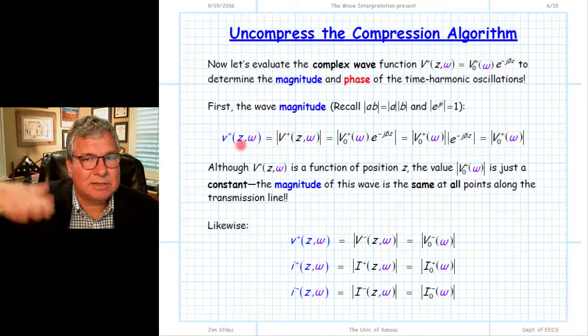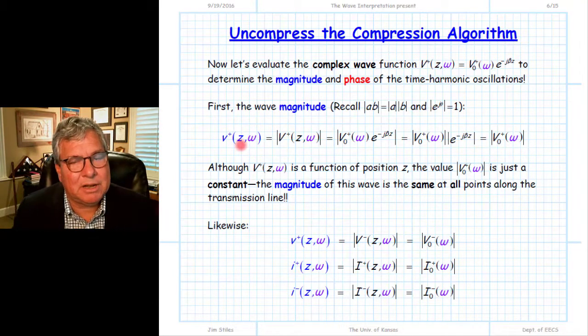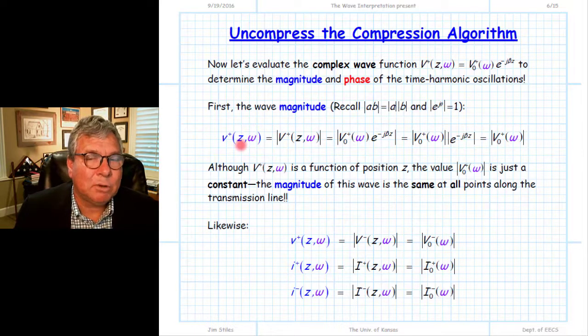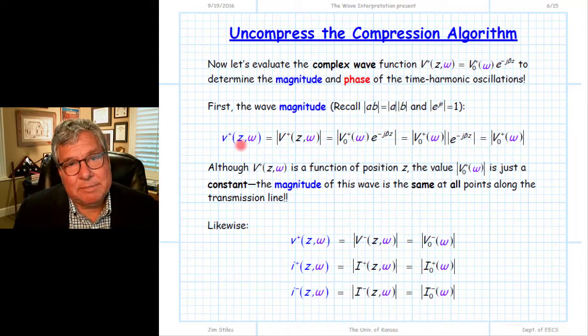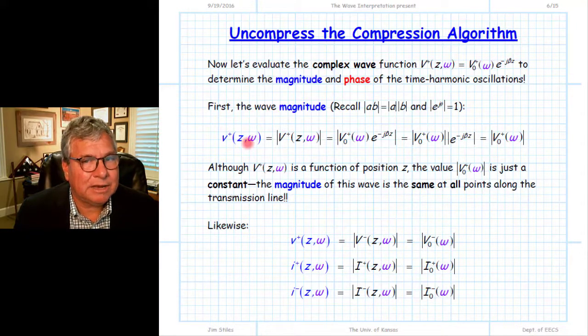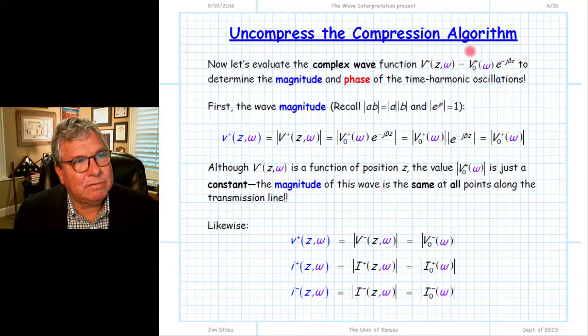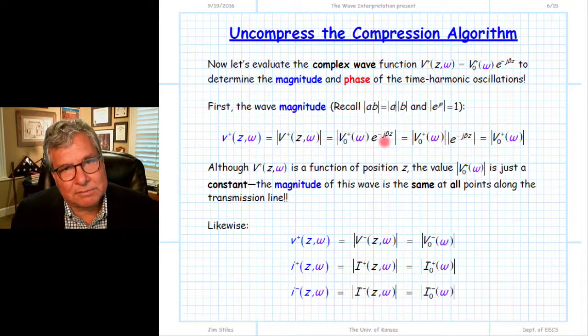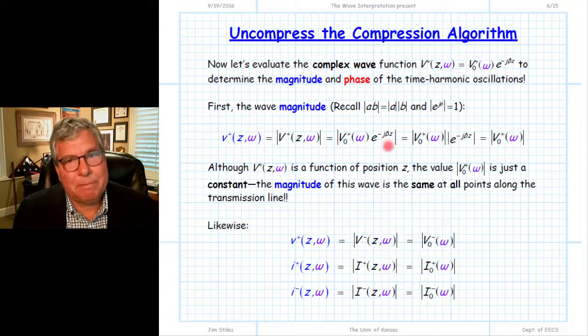How big is the oscillation associated with the plus wave voltage? Moreover, how does that magnitude change as a function of position? We know as we move up and down the line, we'll get different values of magnitude. To determine what that is, we take the magnitude of this complex function. We can take the magnitude of that result, and the magnitude of the product of two complex values is the product of the magnitude of each.